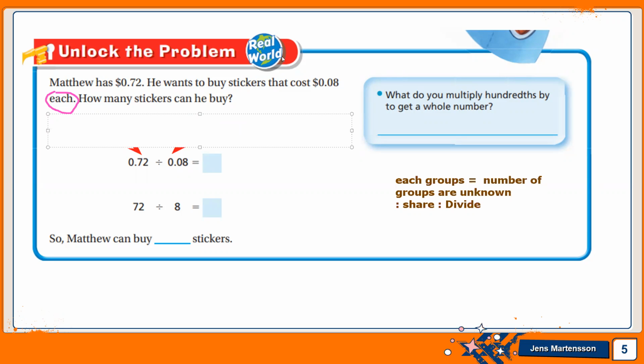And here is the dividend. So this is the divisor and this is the dividend. Now then, where will I go? I will go to the divisor. Where is the divisor? Here is the divisor.